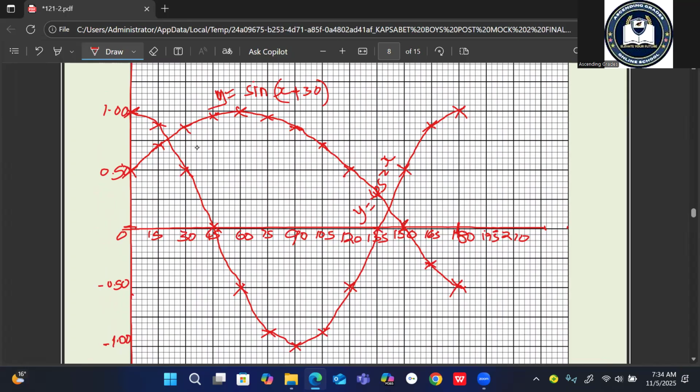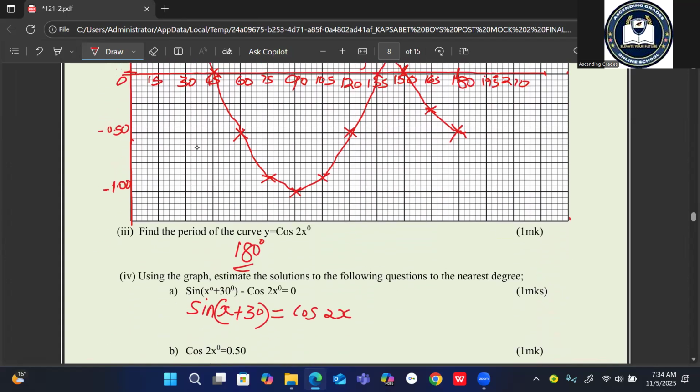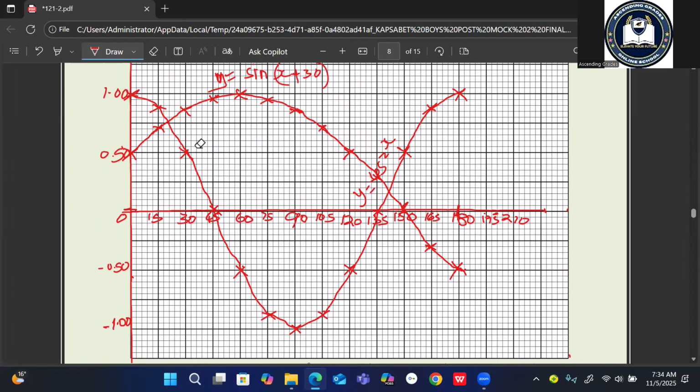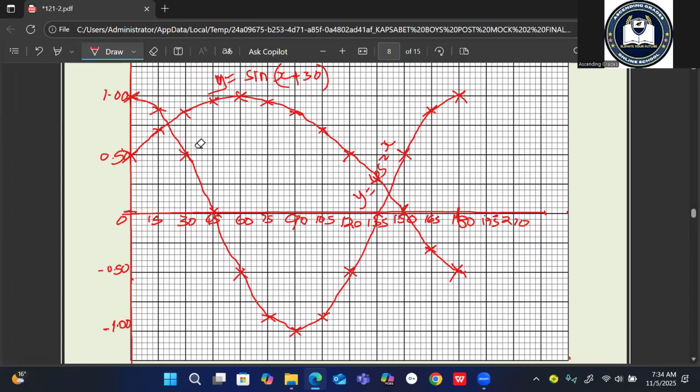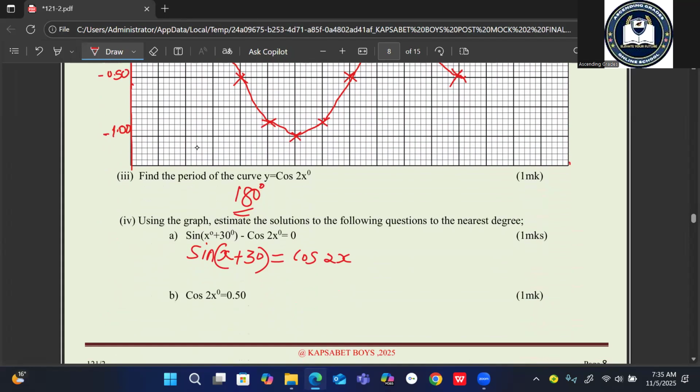So sine x plus 30 and cos 2x. So one of them, we have it here. We have it here. So that is at 21 degrees.